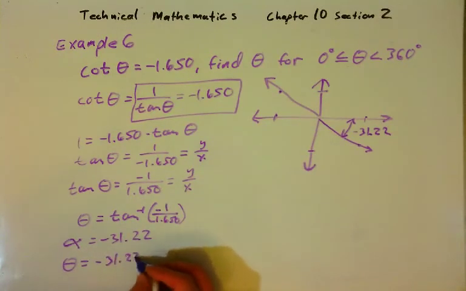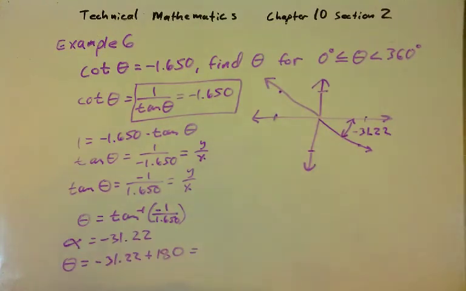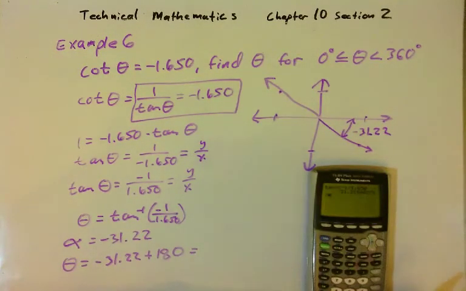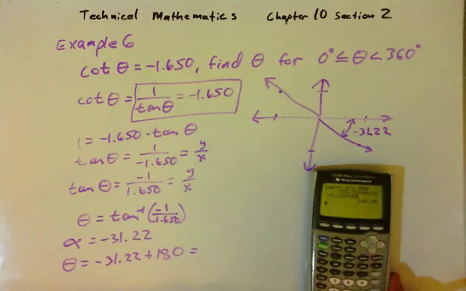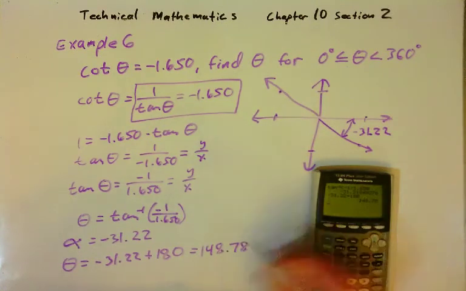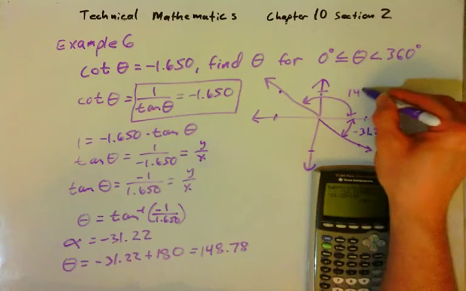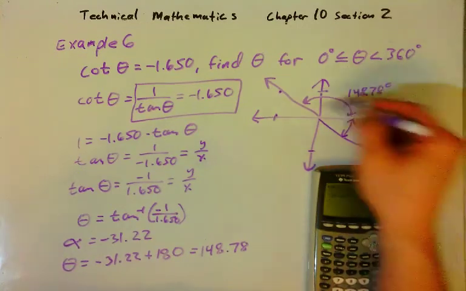Theta will be negative 31.22 plus 180. And so we get 148.78. Right, and so that's this angle, 148.78 degrees.